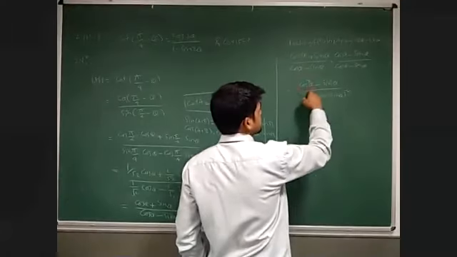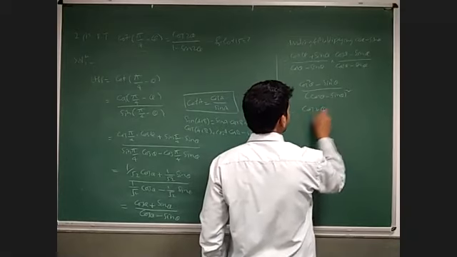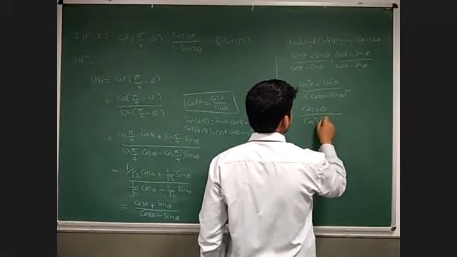I know cos square theta minus sin square theta is nothing but cos 2 theta. Now just open the bracket and you will get cos square theta.